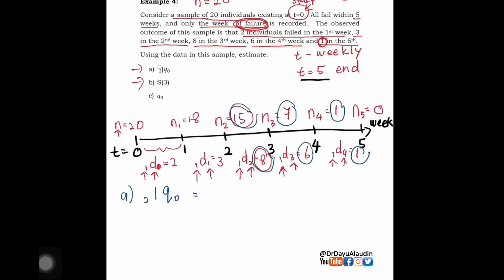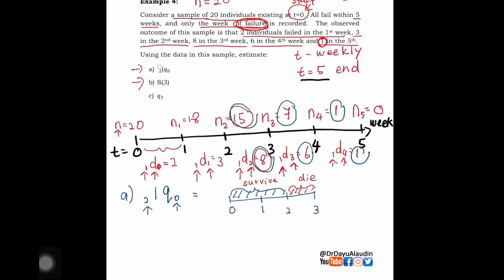So the formula, actually Q2,3. So this individual survives from 0 to 2 and dies from 2 to 3. From t equal to 2 until t equal to 3.